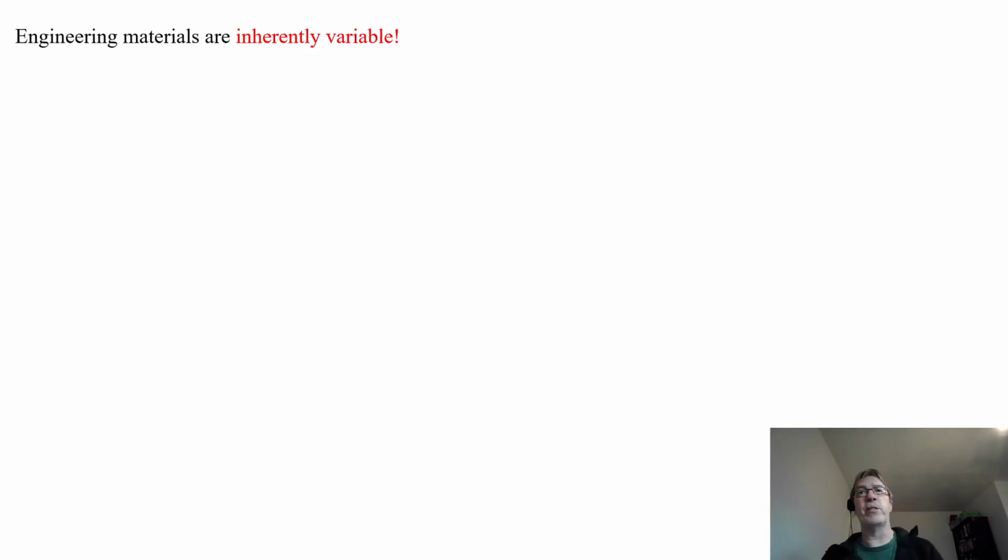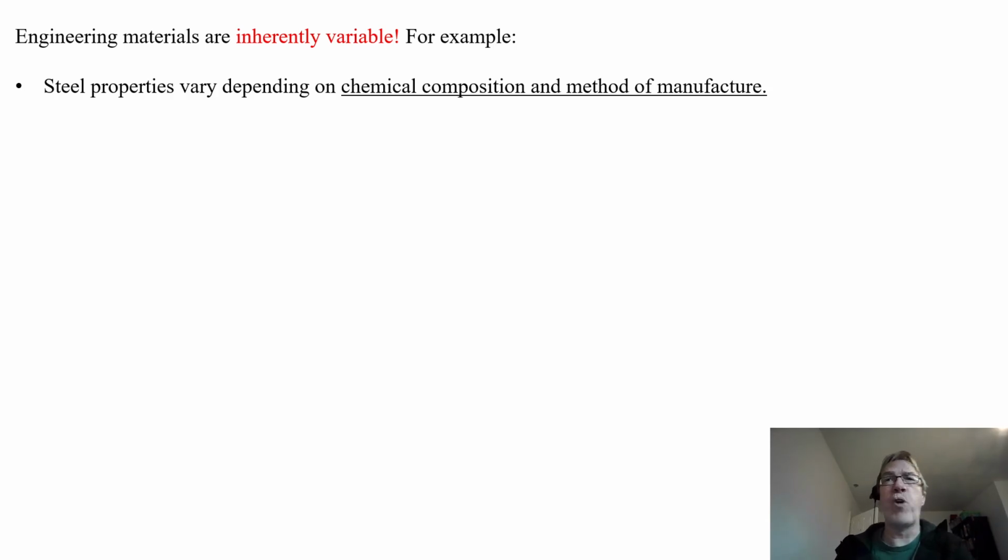So engineering materials are inherently variable. For example, steel properties vary depending upon the chemical composition and methods of manufacture.